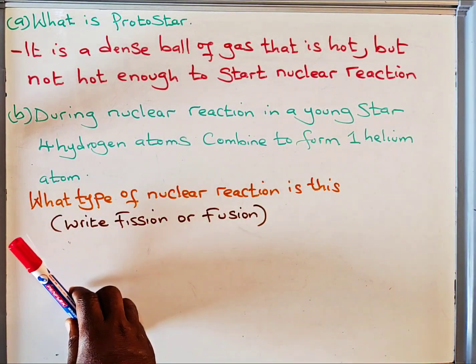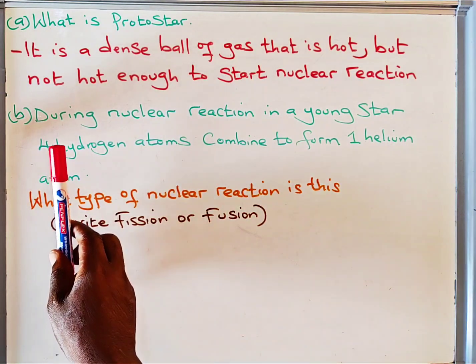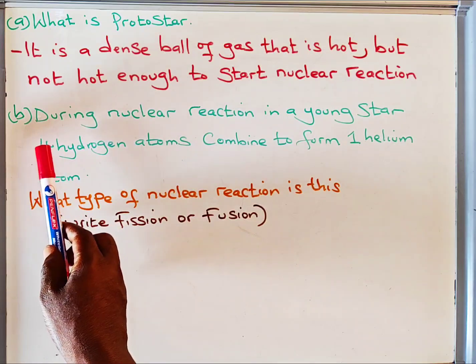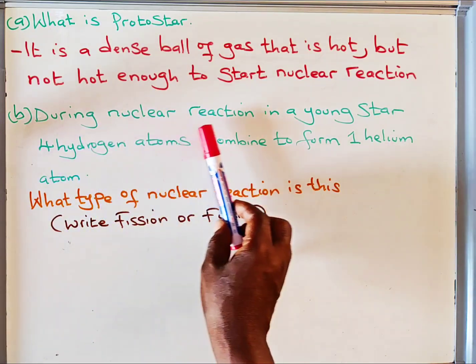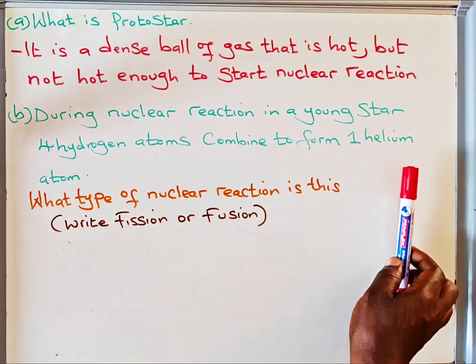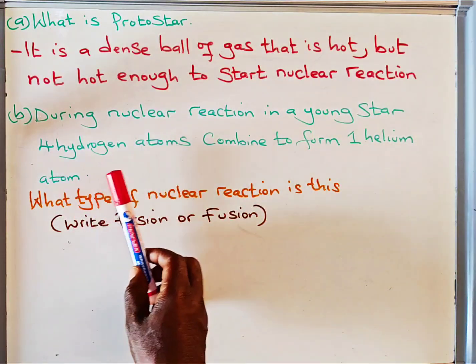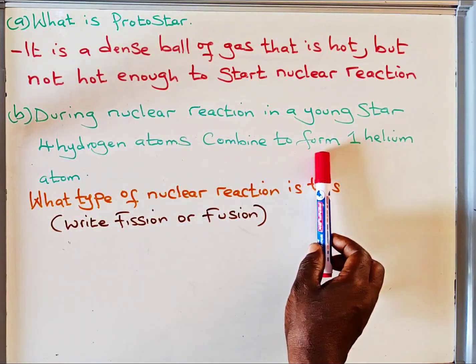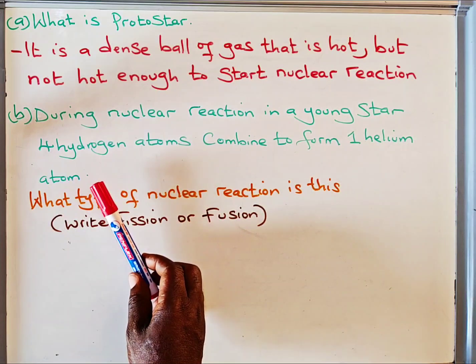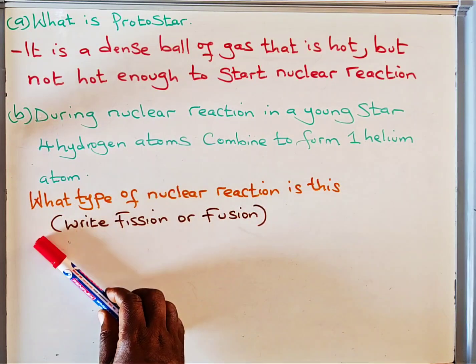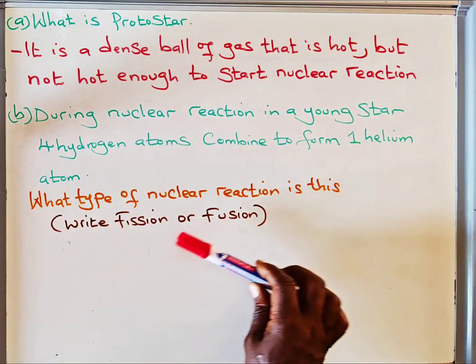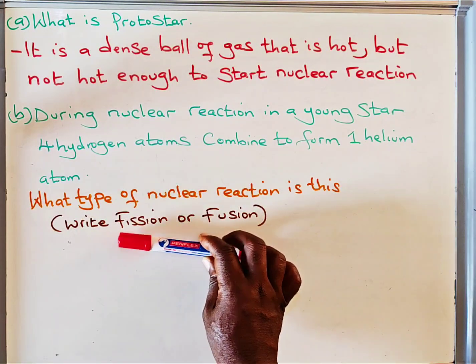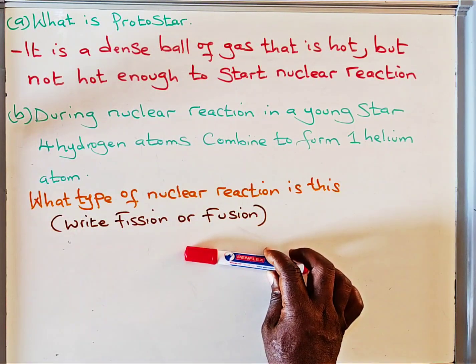Then we come to this case. It says that during nuclear reaction in a young star, 4 hydrogen atoms combine to form 1 helium atom. And the question says, what type of nuclear reaction is this? They say write fission or fusion.